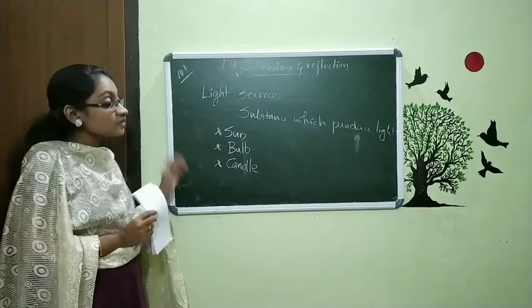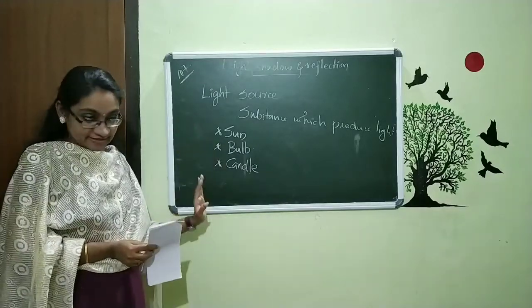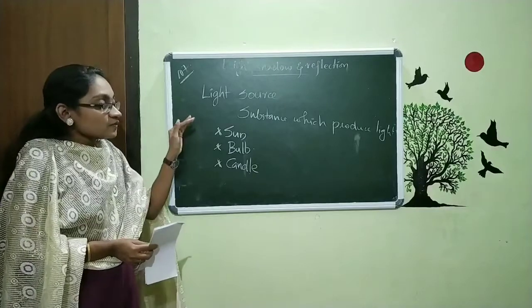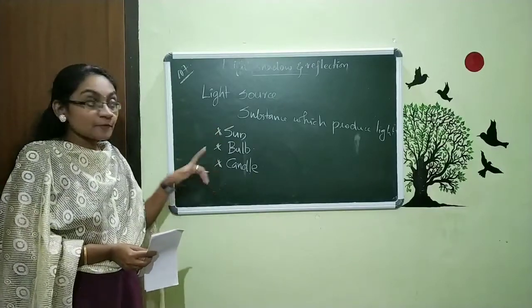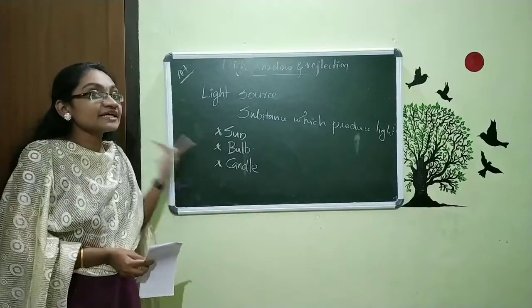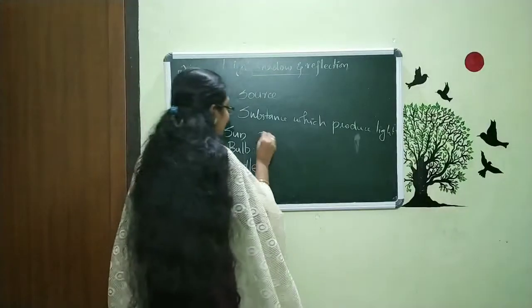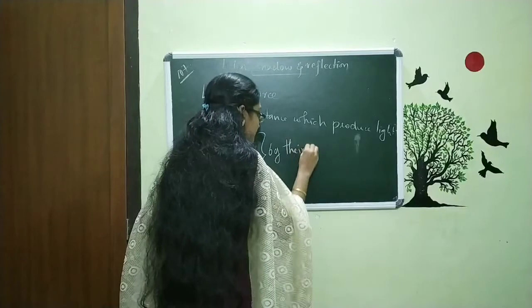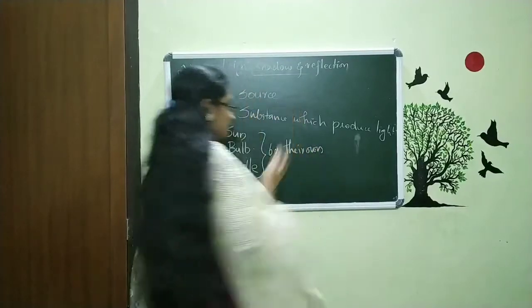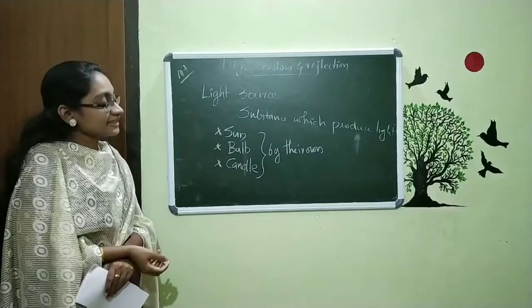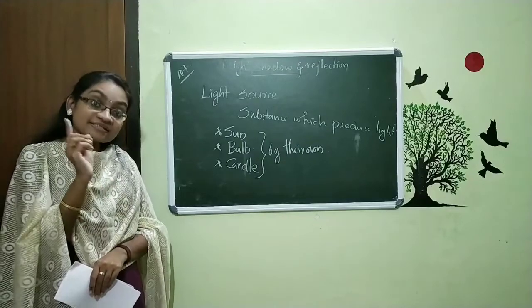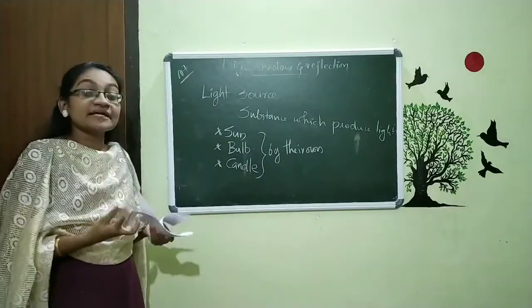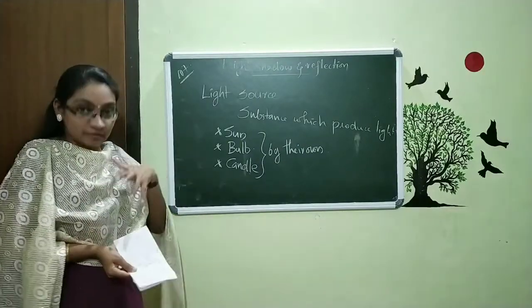That means the source which produces light. And all these things are producing light by their own. I am saying it like this because there are some objects which are having light, but it is not the light by their own.